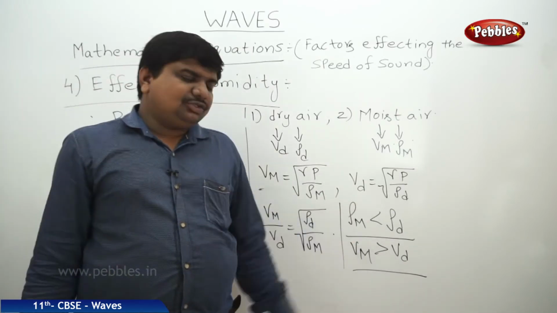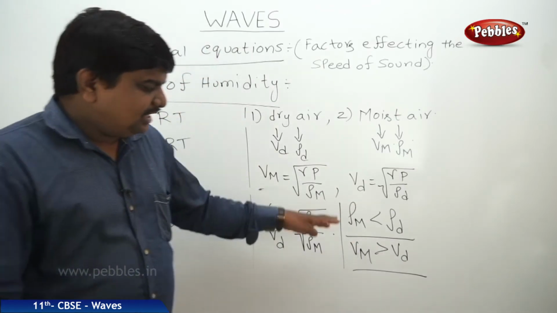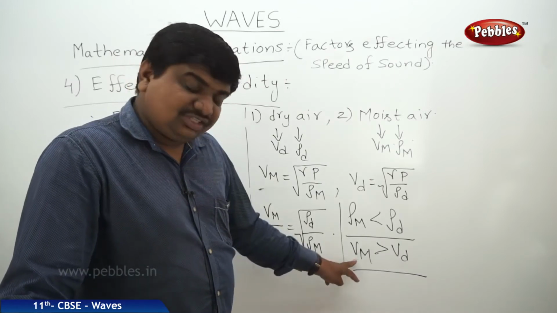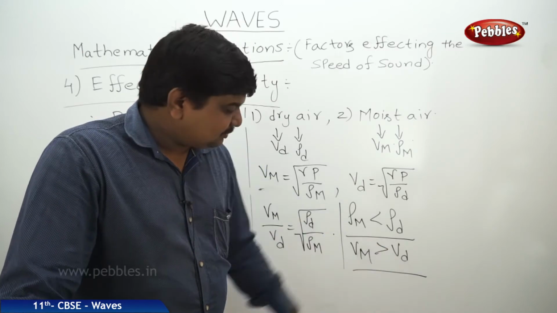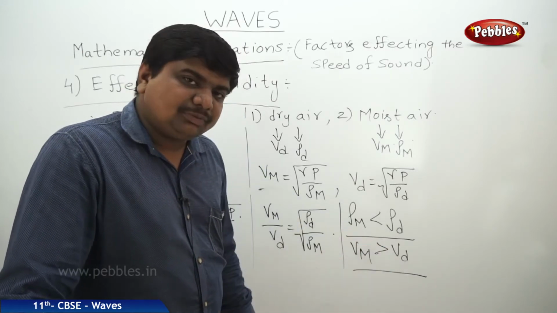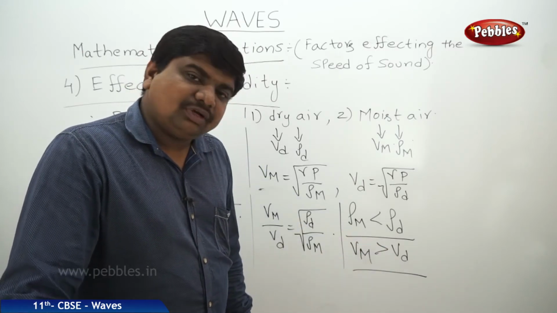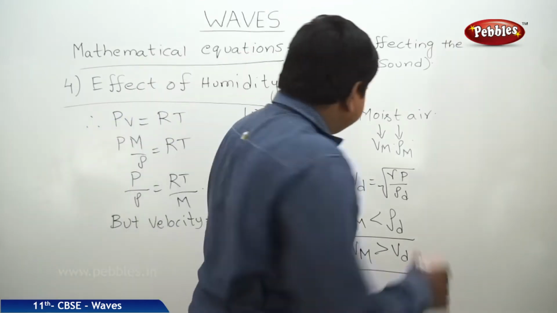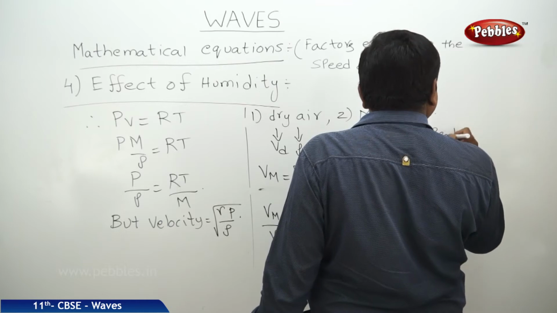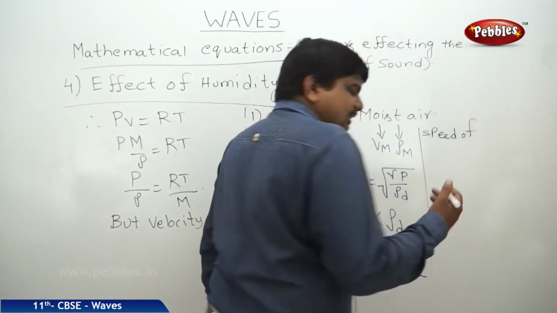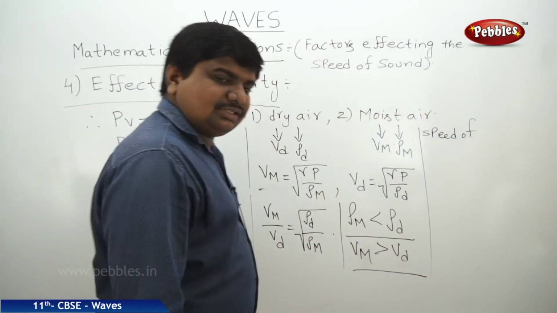So by observing these two conditions, speed of sound in moist air is greater than the speed of sound in dry air. That means speed of sound is inversely proportional to the square root of the density in case of humidity, but generally it is proven.